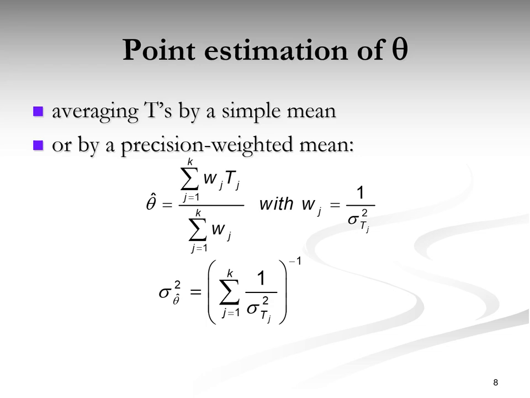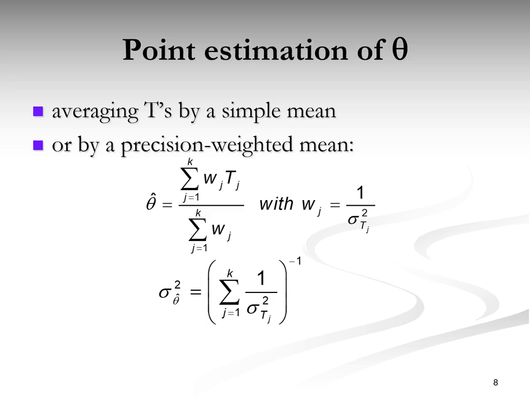So if you combine the results of very precise estimates, then the sampling variance of the average observed effect size will become small. Which means that the mean of the observed effect sizes will be a precise estimate of the common population effect size.